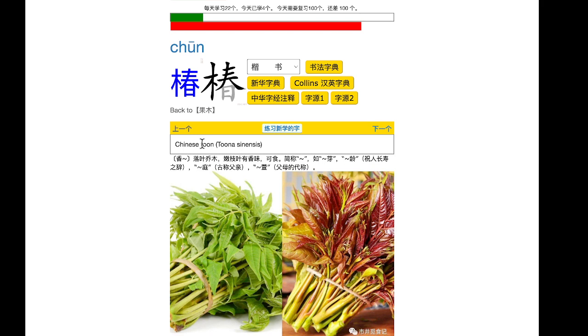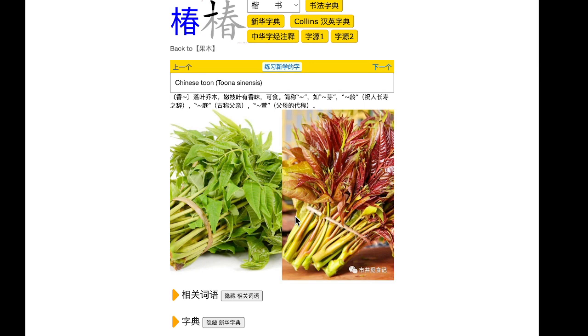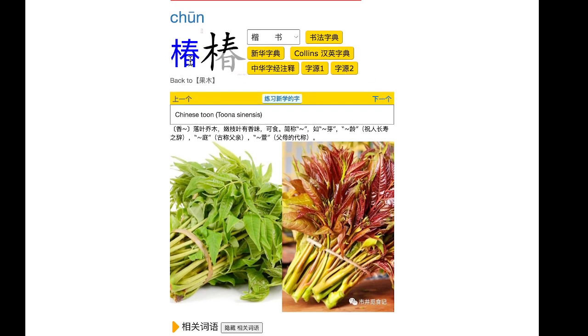But it's different varieties. You can eat them. I don't even know if I've eaten this before. Anyways, that's that. This on the right, chun, is the one for springtime.